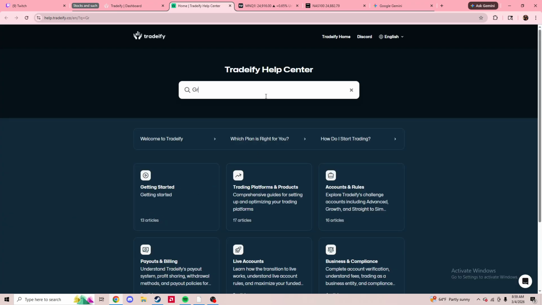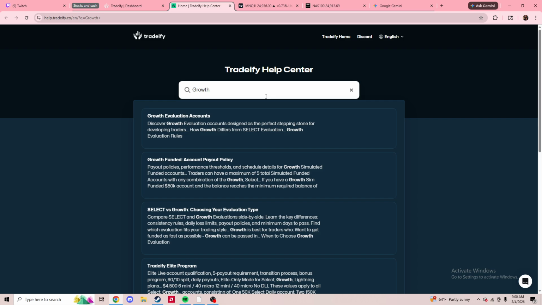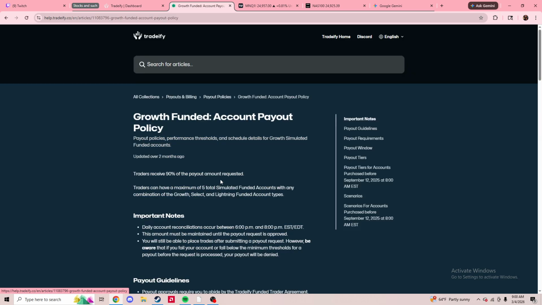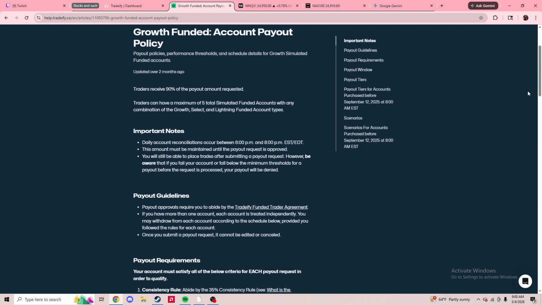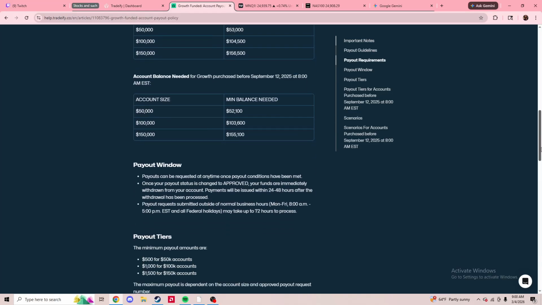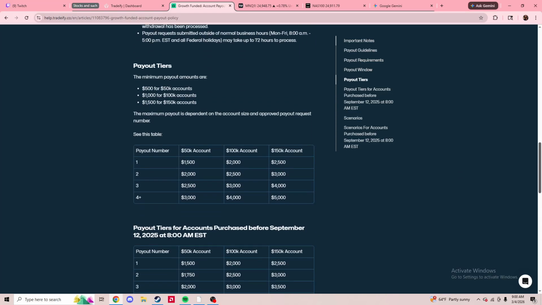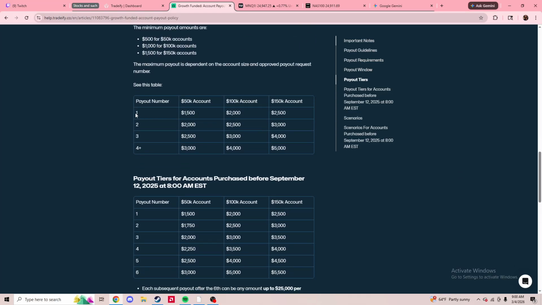The money scales with each profit goal that you hit. So I'm going to show you that right quick, and I'll keep bouncing back to the charts. So here we go. My first payout maximum you could take is 1,500. Second payout, 2,000.